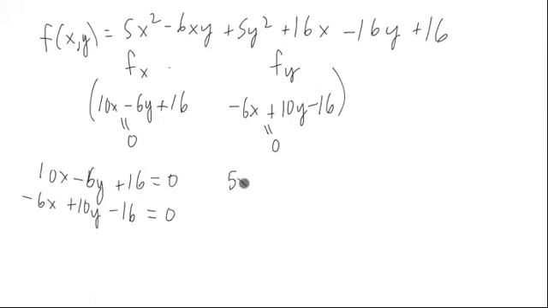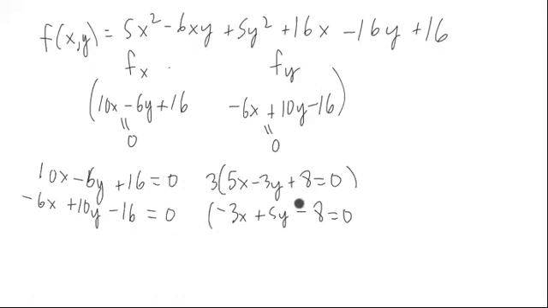So 5x minus 3y plus 8 is equal to 0, and minus 3x plus 5y minus 8 is equal to 0. Now I'm going to multiply the top equation by 3 and the bottom equation by 5, and then just add, because you notice you get 15 and minus 15, and that'll cancel out your x's, so you only have y's. And the y's, you're going to have negative 9y and 25y, which would give you 16y.